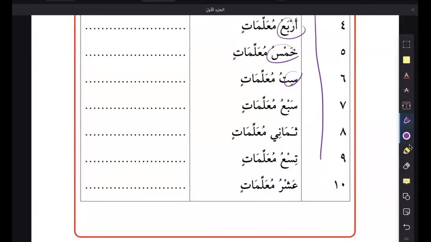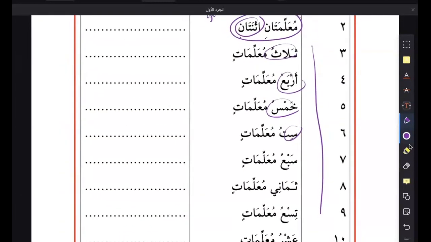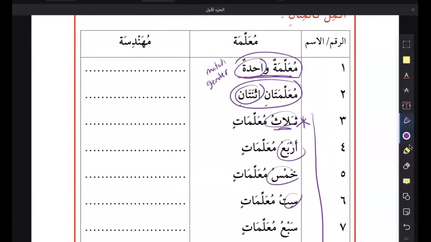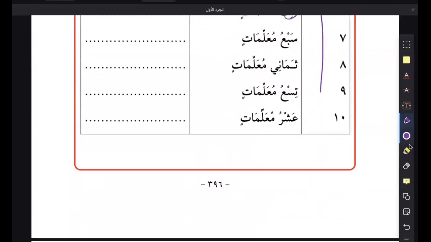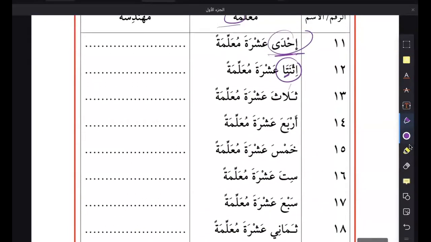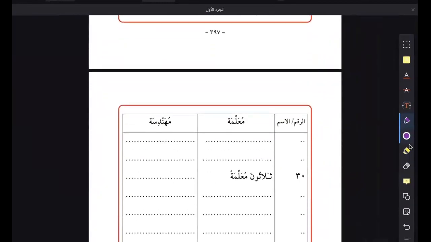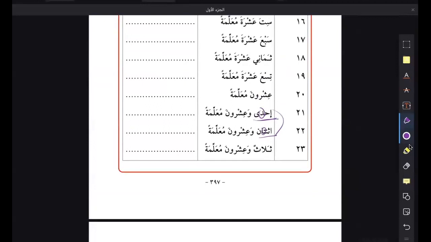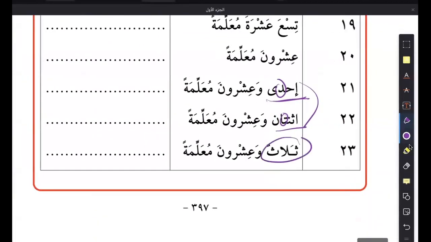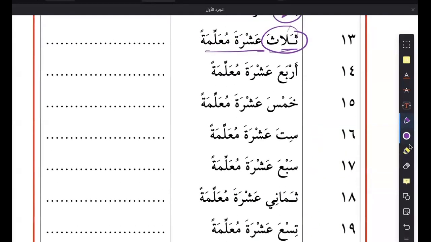Okay, let's see. We have thalathu. Why do we have thalathu, not thalathatu? Because we are talking about feminine. Now let's see this same number, even in 13 we see thalatha. And in 23, thalathu, I mean with masculine.